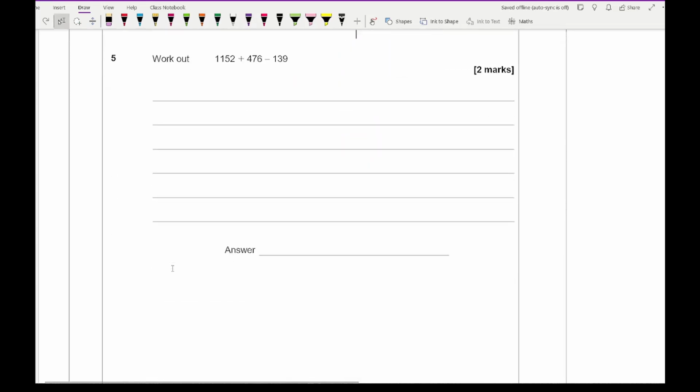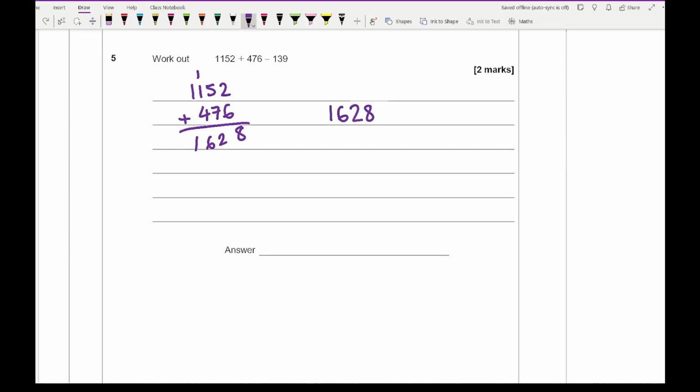For question 5, it's giving me a calculation for me to work out. So for this, I need to do 1,152 plus 476 first. So if I do that, I get 8, 12, carry the 1, 6 and 1. So then I've got 1,628, and then I'm going to subtract 139.